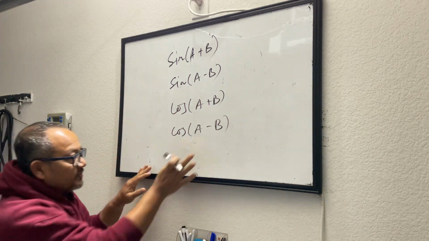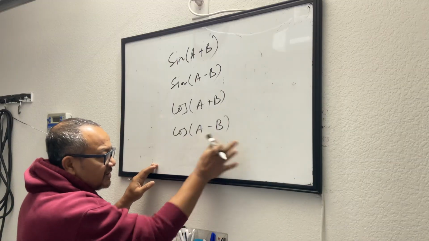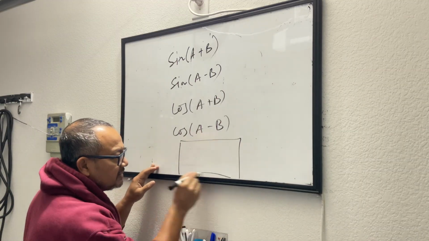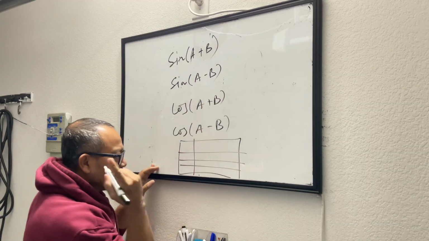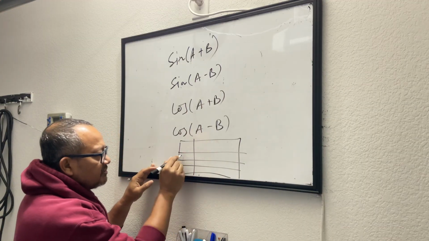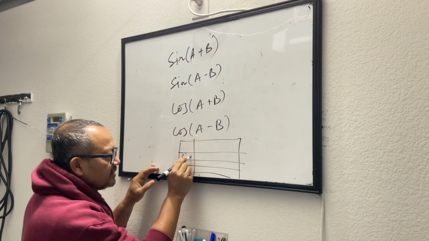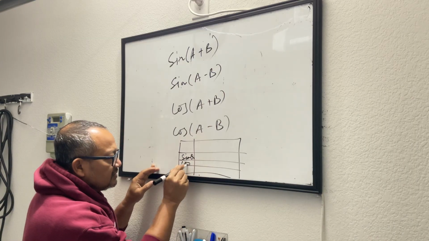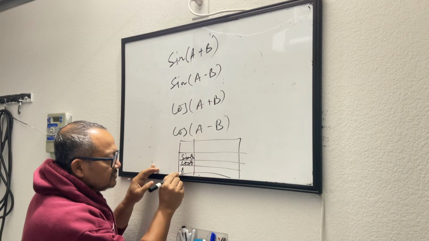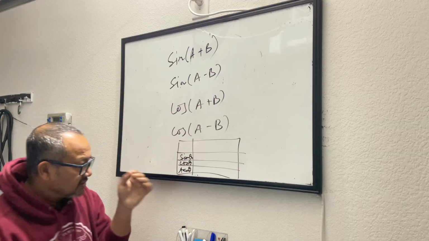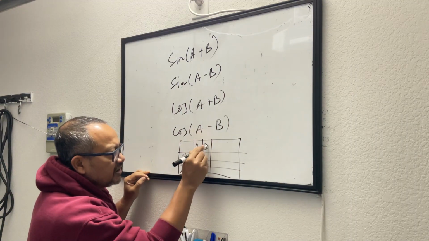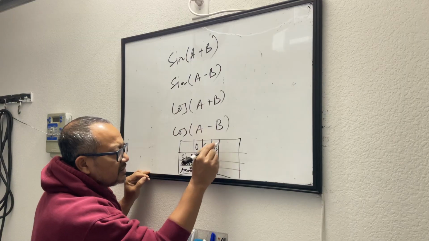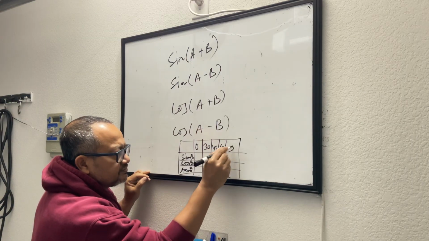So here's the thing. You guys have dealt with a table like this, which we have proved in the previous classes. This is a standard table for 0, 30, 45, 60 and 90.